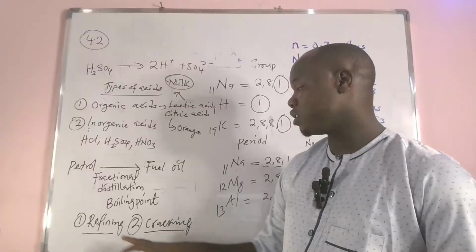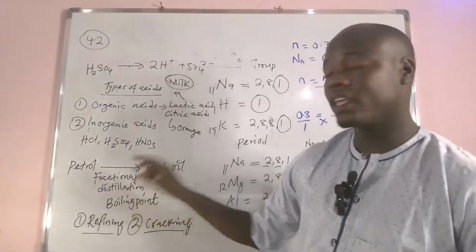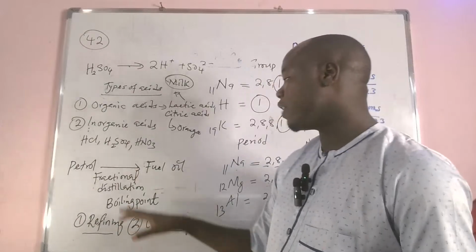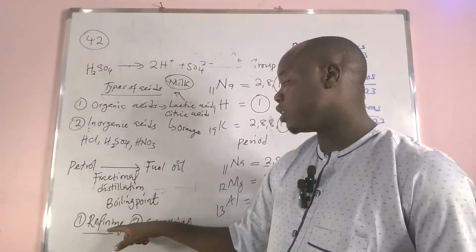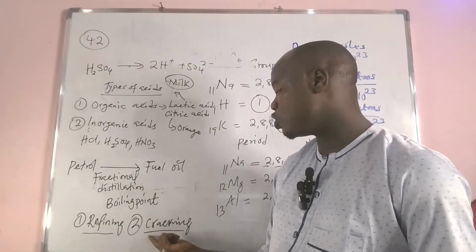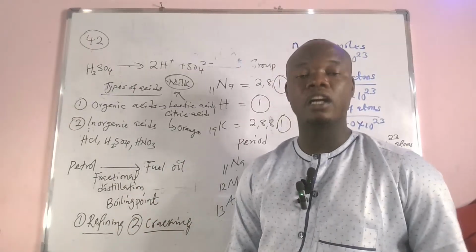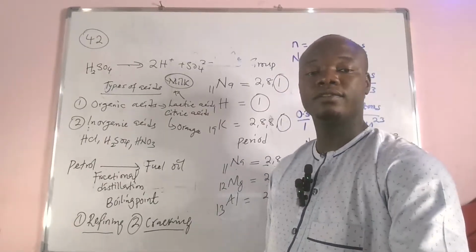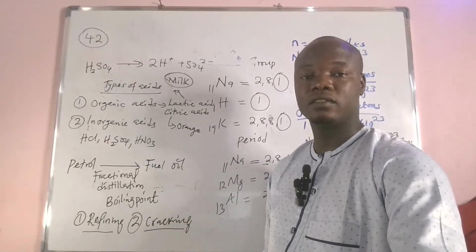If you check the options, there is no fractional distillation and no refining, so you can choose cracking. So the answer here is going to be cracking. So you see, option D will be the best answer here.